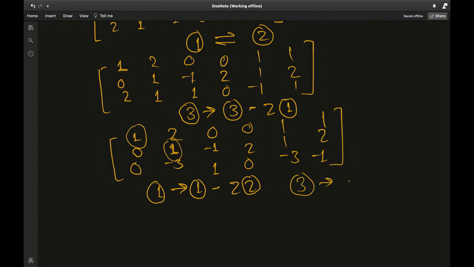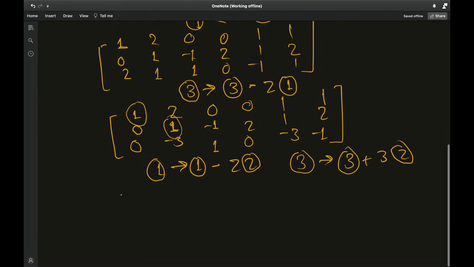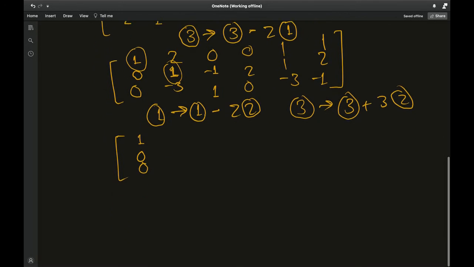I'm going to take row 3, change it to row 3 plus 3 times row 2. Always use this pivotal entry. Always scale the pivotal row, because now in the previous pivotal column that won't make a change because we have a 0 there. It's a sequential algorithmic process.